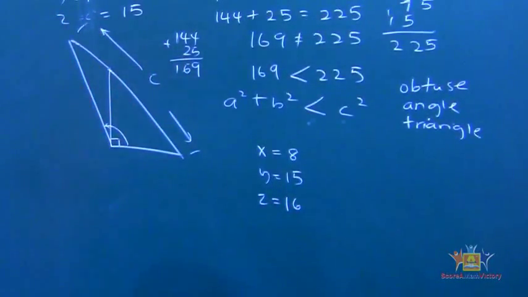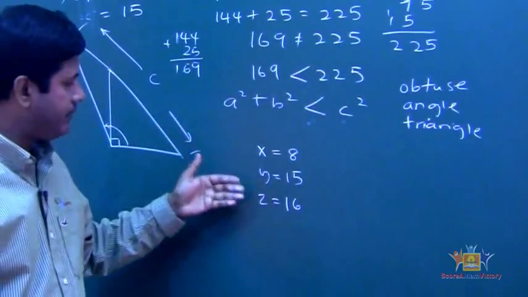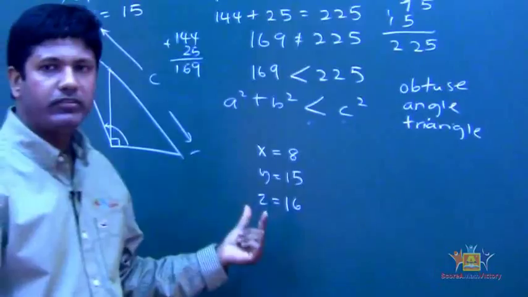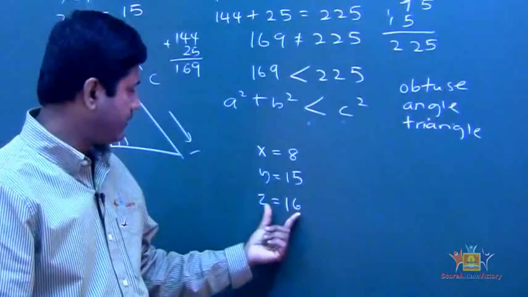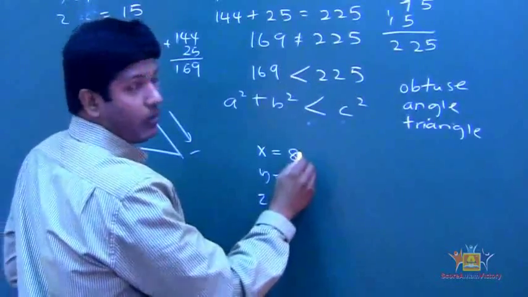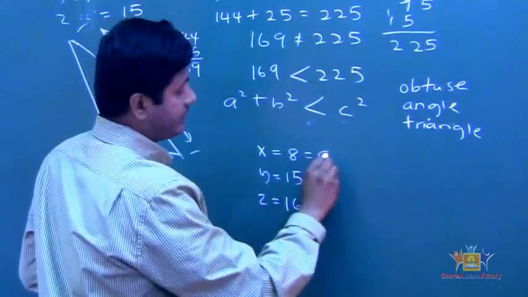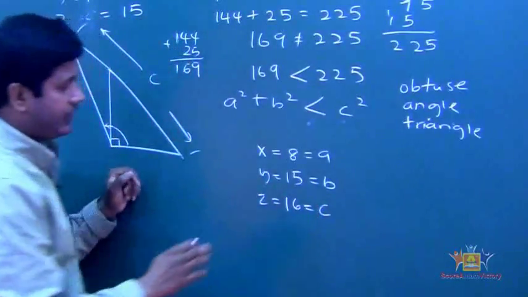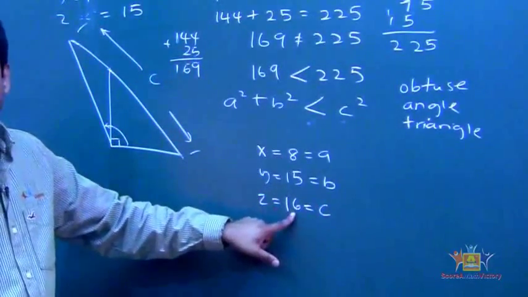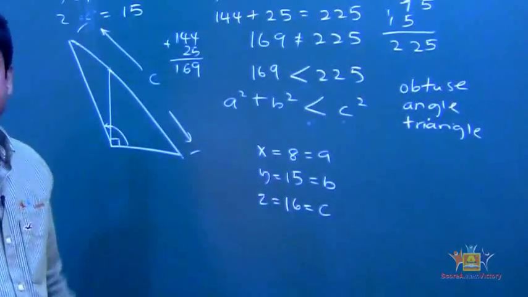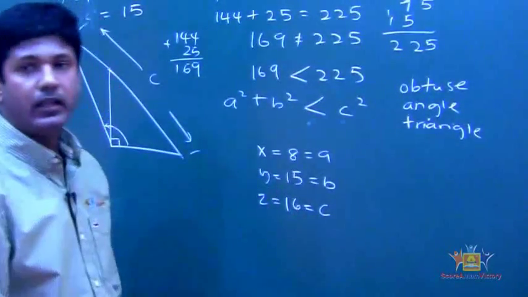Now I want you to be able to identify which one is A, B, and C. We know the longest line is always the C. So in this case Z is going to be your C. We can assign either one of them A or B, it doesn't matter. We can say this is A, this is B, but very important, this is your C, the longest of the three lines. The three measurements, let's say 8 centimeters, 15 centimeters, and 16 centimeters, and this will be the bigger number.